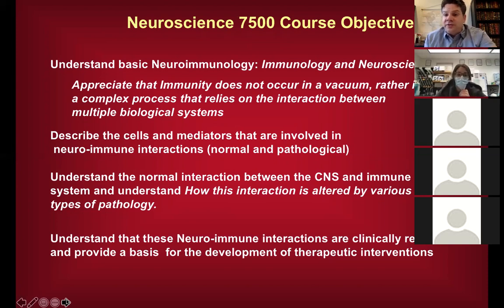And hopefully you're going to learn that there are a lot of connections and a lot of overlap, and that the brain is involved in a lot of parts of what the immune system does. An important part of this concept too is that this is part of our normal system, right? In normal health, we have this important connection between the brain and the immune system, and a lot of times when we see pathology or disease, it's a result of, or exacerbated by, a disconnect between these two systems.